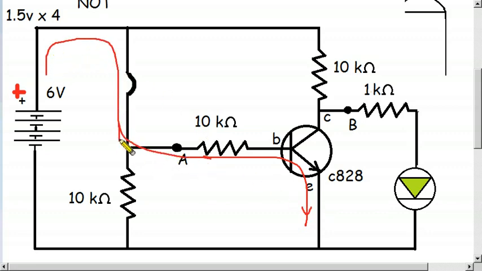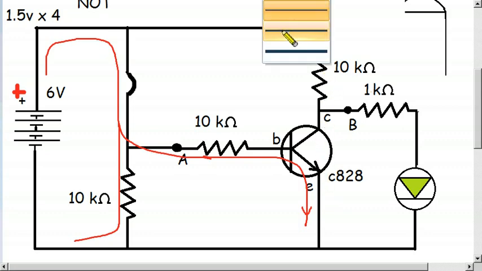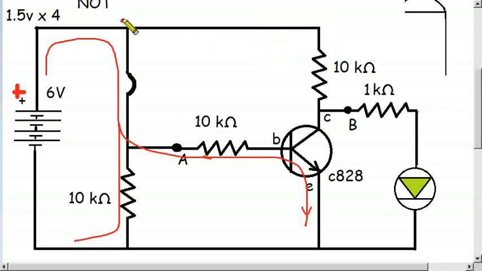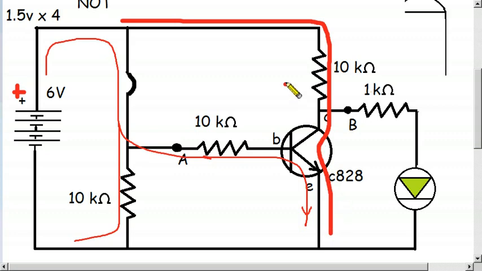Some amount of current passes through this one also, but there is a current through the base, and then there will be a big current through this collector line. Then what happens? The voltage of this place becomes 0. Then this LED light goes off.